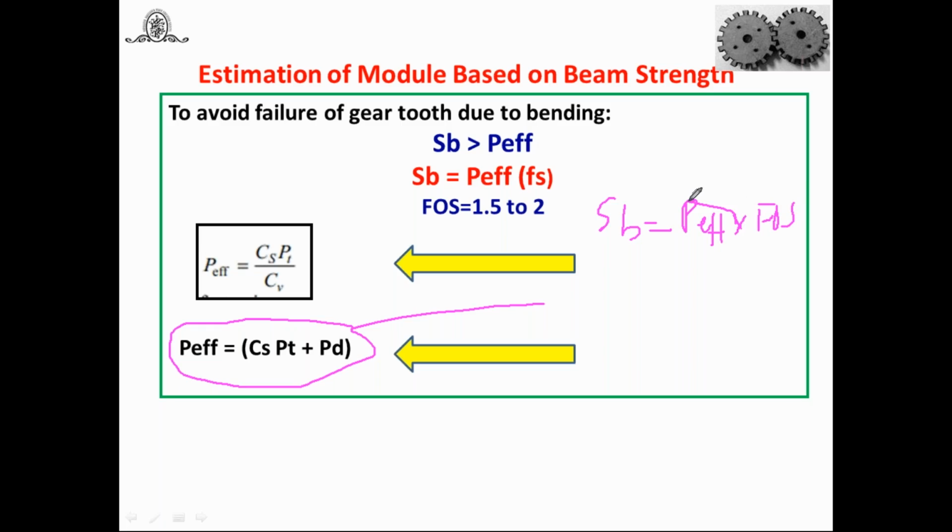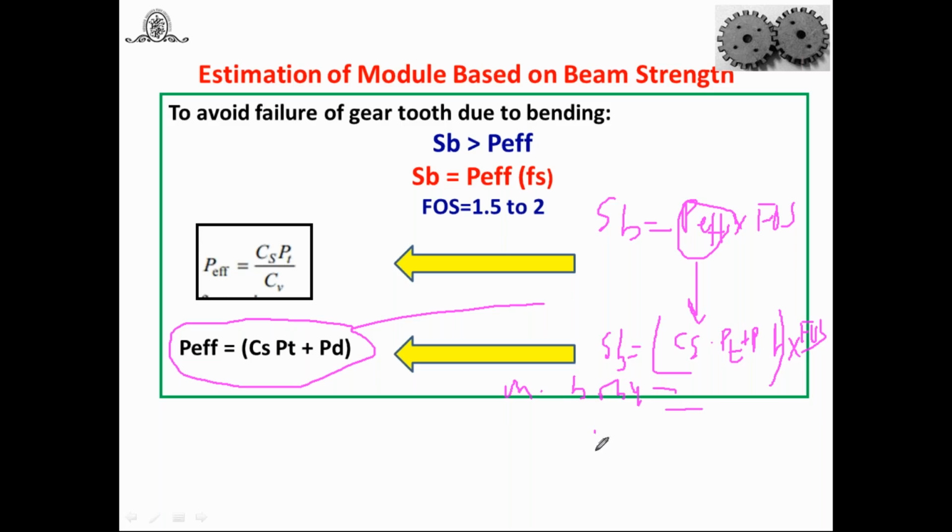But what is P effective here? For Buckingham's dynamic load, for precise calculation, the P effective is equal to CS into PT plus PD, try to understand, plus PD, and into this FOS is equal to SB, and again SB means M into B into sigma B into Y is equal to this.